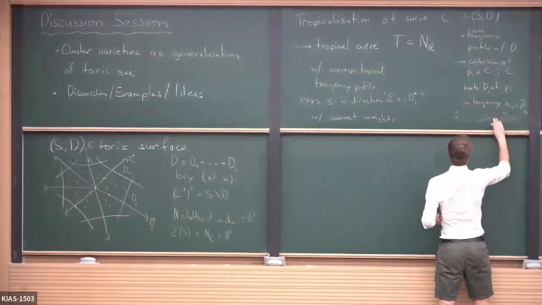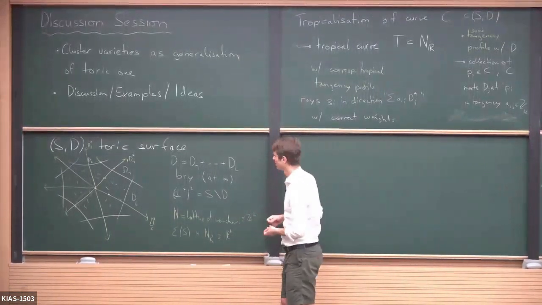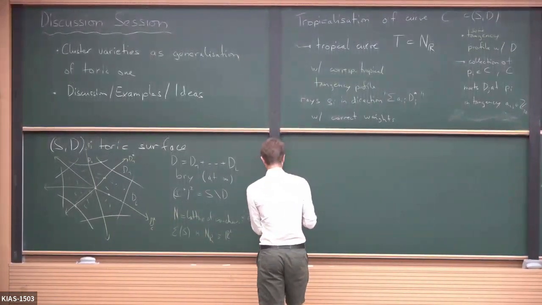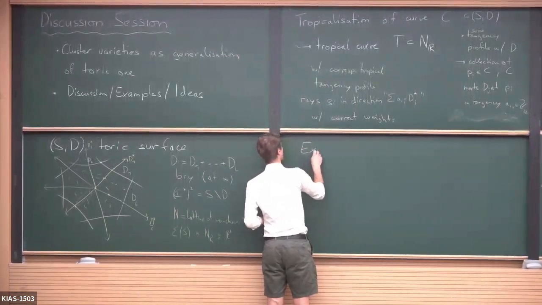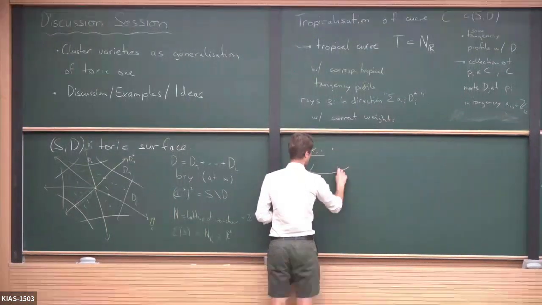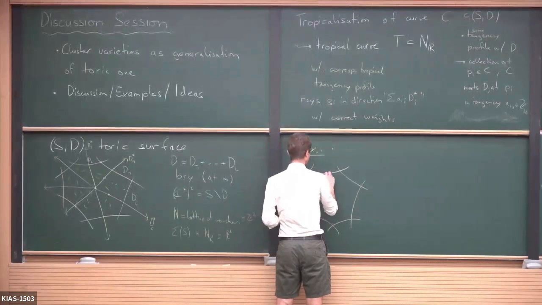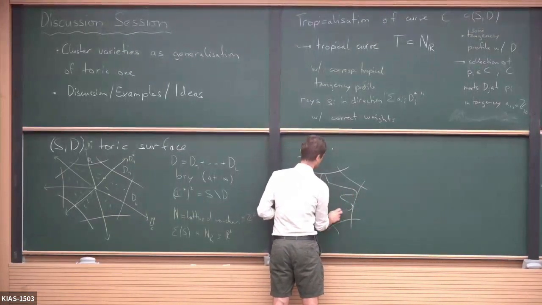I'll just do an example. Sorry, I didn't want to go into details about this because we're going to lose another 20 minutes, but let's just do an example. I think this is maybe more instructive. So in this example, we could have something like this.